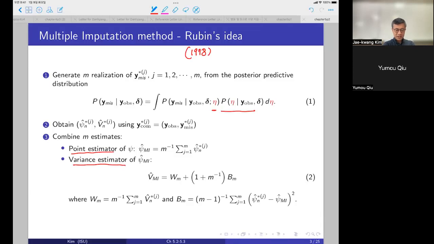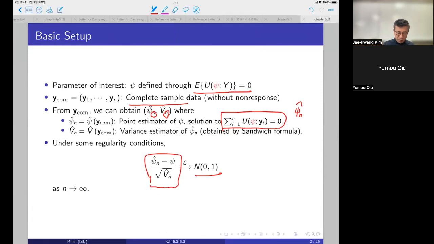So the point estimation is that, okay, the idea is to create M, so M can be say 10, okay? So create 10 imputed data sets. And for each data set, you compute the point estimator and its variance estimator, which is kind of a software, right?